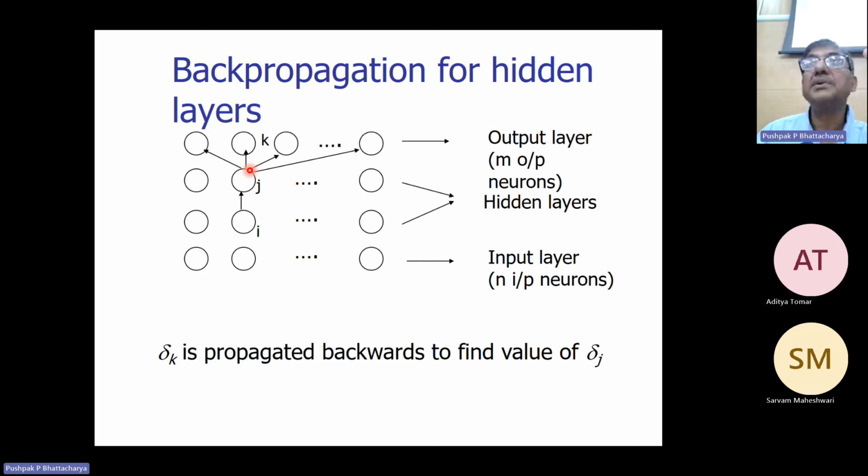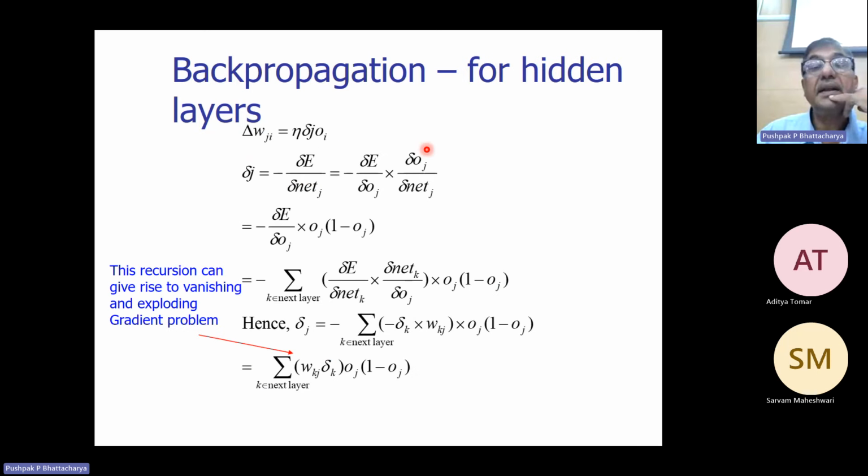So we are moving closer to the output layer where the error is observed. And dOj by d net j is nothing but the derivative of the sigmoid neuron. So dE by dOj is kept here, and Oj into (1 minus Oj) is the derivative of the sigmoid.